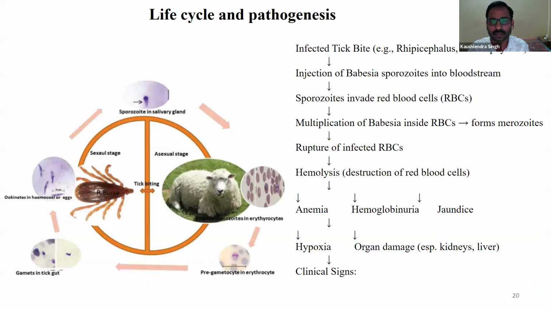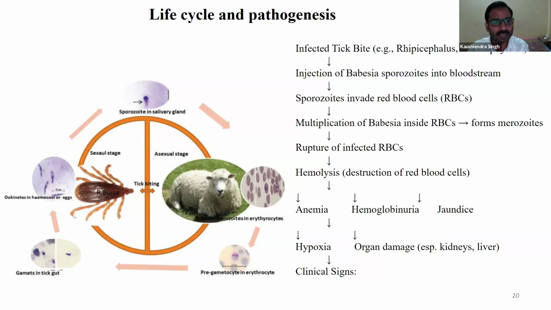The infected tick, especially Rhipicephalus and Haemaphysalis, injects the Babesia sporozoites into the bloodstream, and these sporozoites invade the RBC and multiply inside the RBC, form the merozoites, and rupture the infected RBC, causing hemolysis and resulting in anemia, hemoglobinuria, jaundice, hypoxia, and organ damage, especially in the liver and kidney.